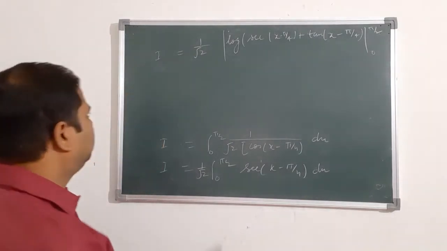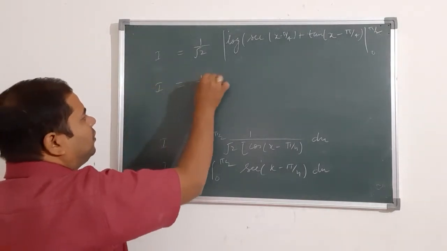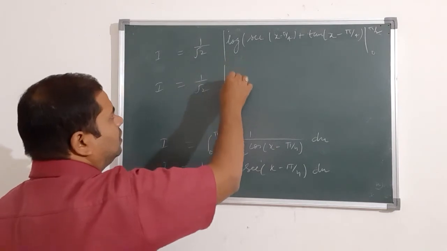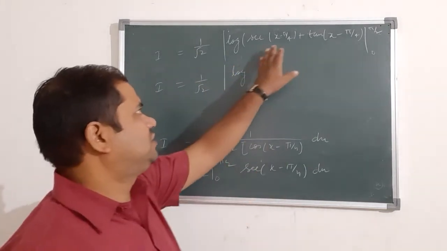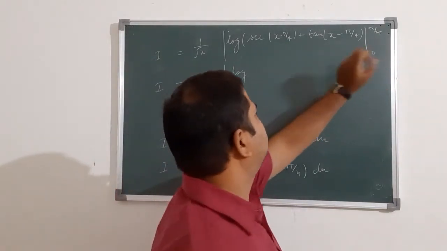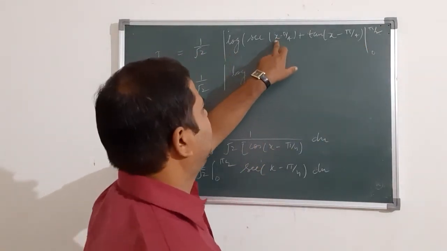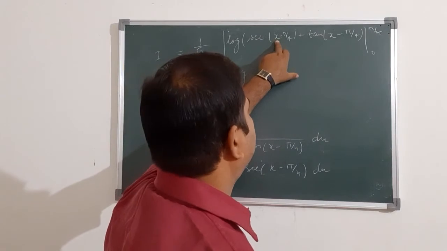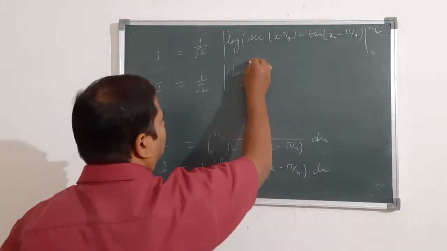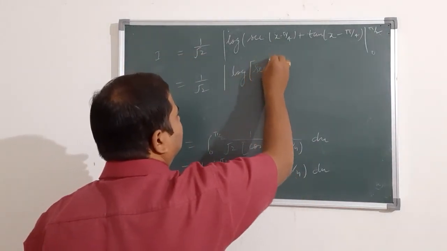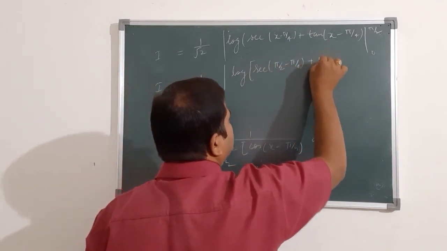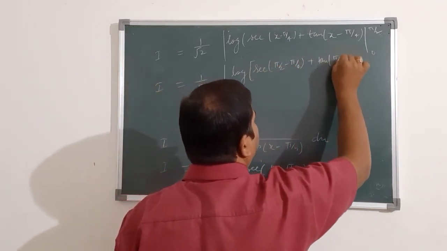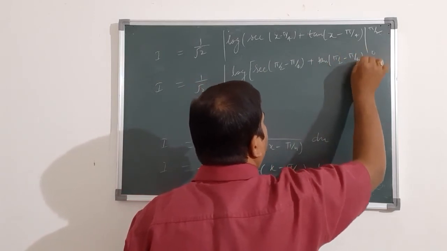We have I is equal to 1 upon root 2 log of sec x plus tan x. So if you put pi by 2, then this is log of sec of pi by 2 minus pi by 4 plus tan of pi by 2 minus pi by 4.